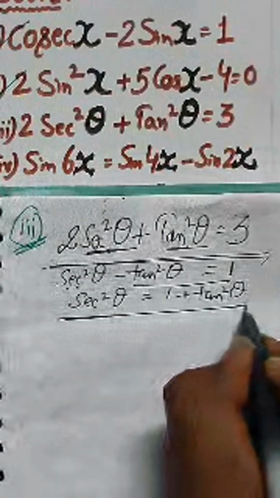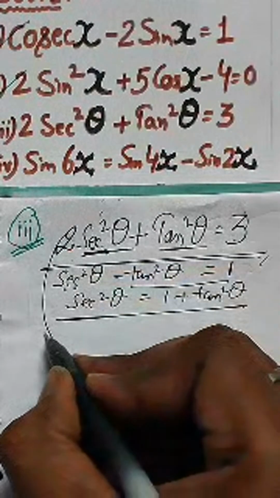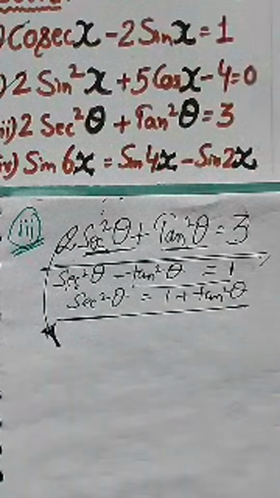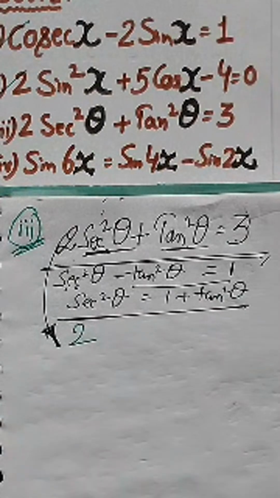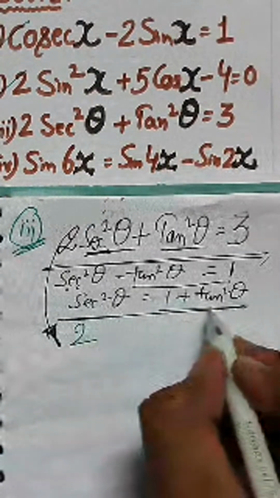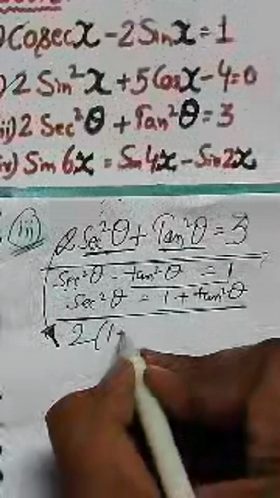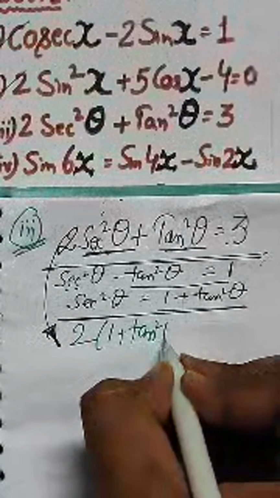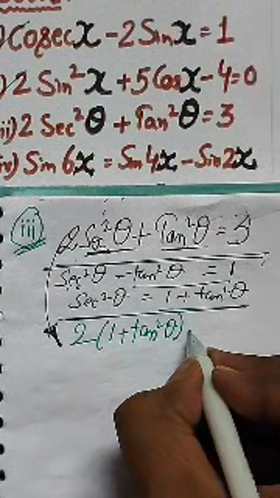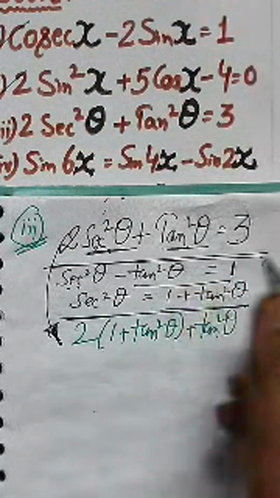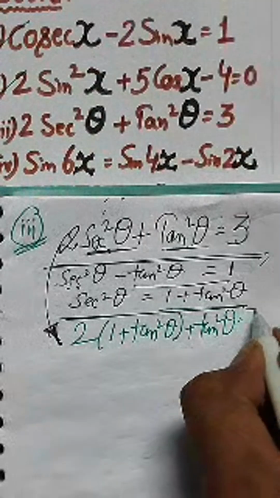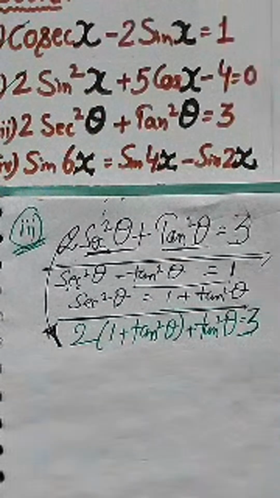Using this, the above equation can be written as 2 times, in place of sec square theta, write 1 plus tan square theta, plus tan square theta, which is already the second term, is equal to 3, right?